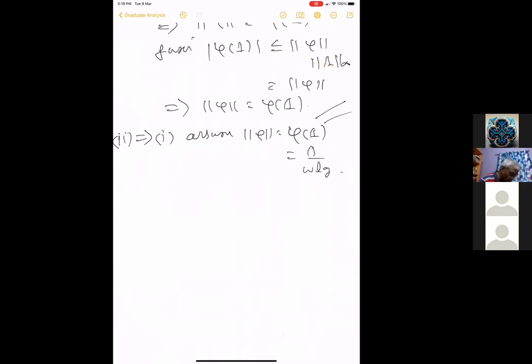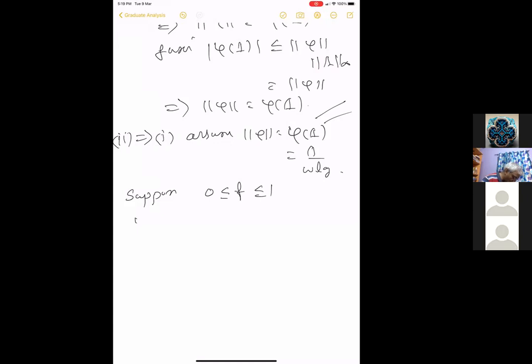So what do we need to prove? We want to prove that phi is positive. Suppose f is greater than or equal to 0 and less than or equal to 1.